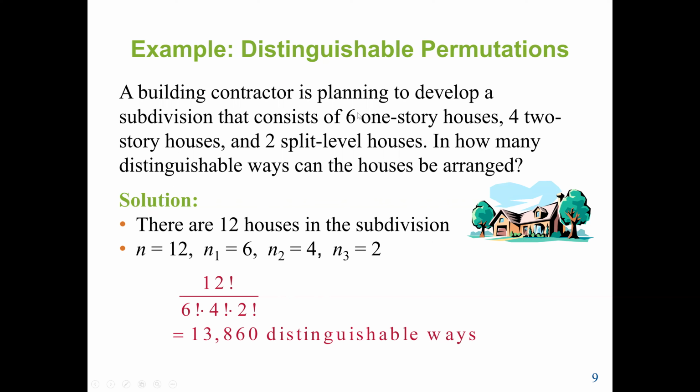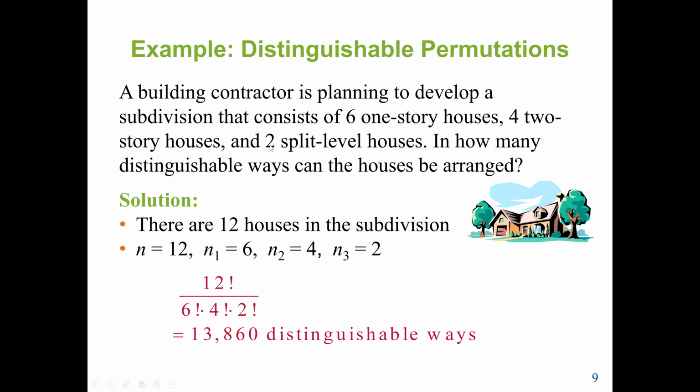The reason why 12: we have 6 one-story houses, 4 two-story houses, and 2 split-level houses. So 6 plus 4 plus 2 gives us 12. That's total N. But N1, which is the one-story houses, we have 6. N2, which is the two-story houses, we have 4.